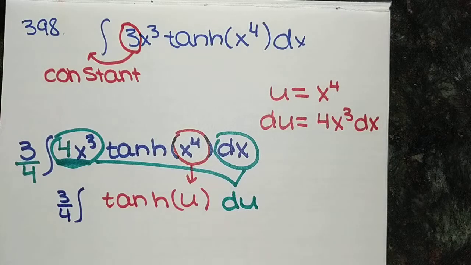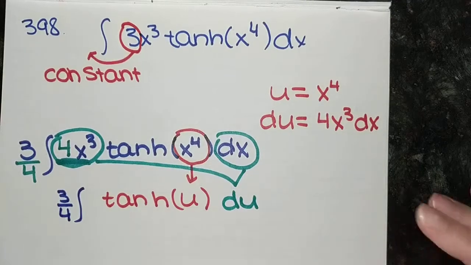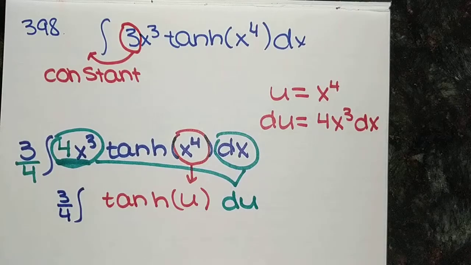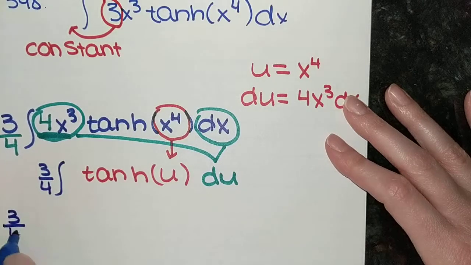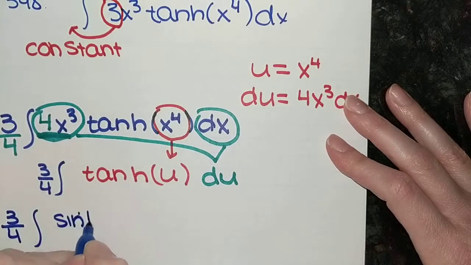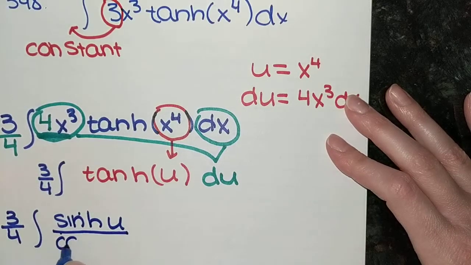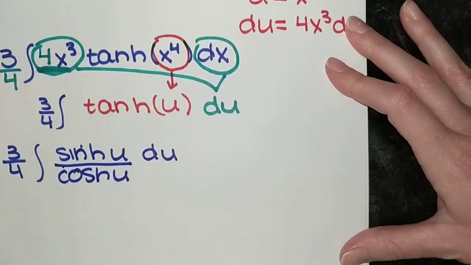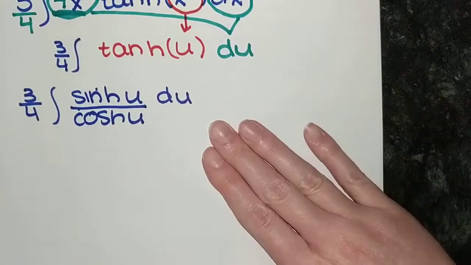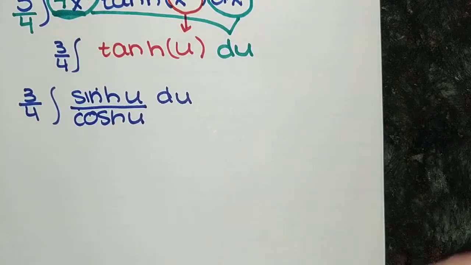Now, as we discussed in question number 396, there isn't a formula that we have been given for hyperbolic tangent. So because of that, we would need to rewrite this in terms of sine and cosine, and then do another u substitution. When you look at this current situation, you can't really integrate it.